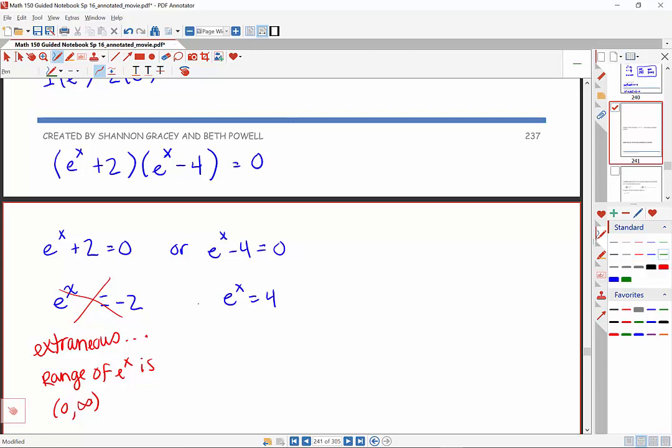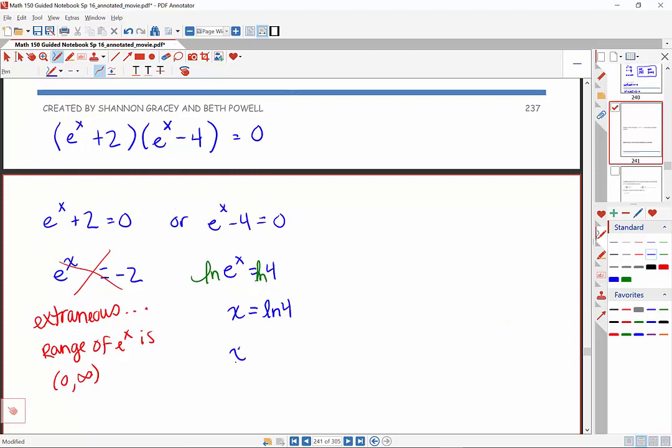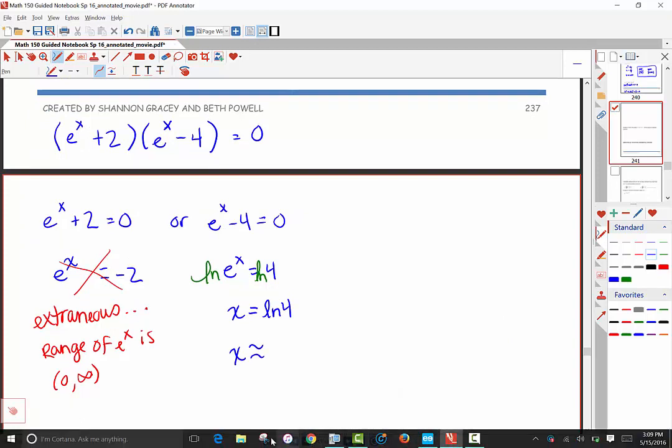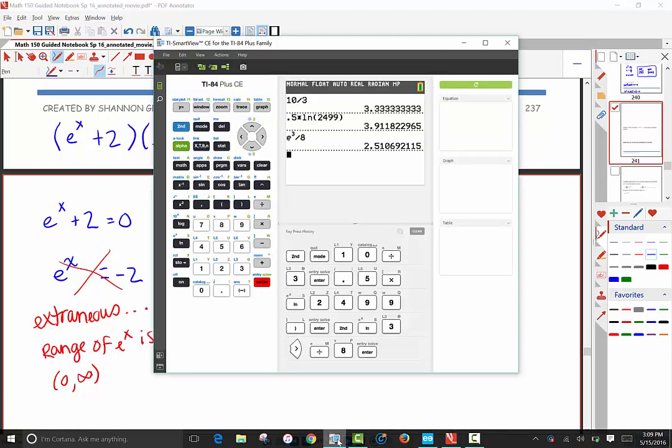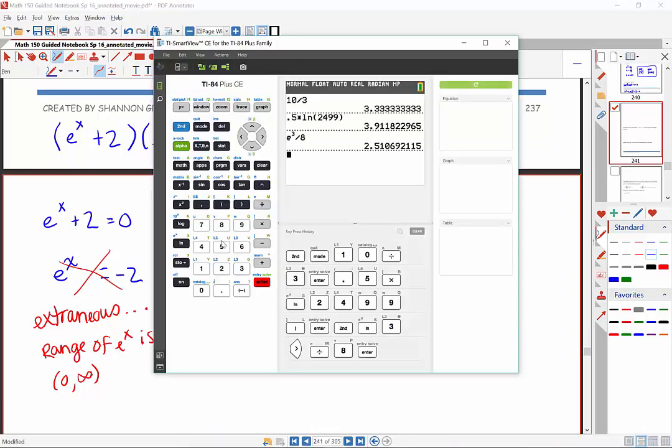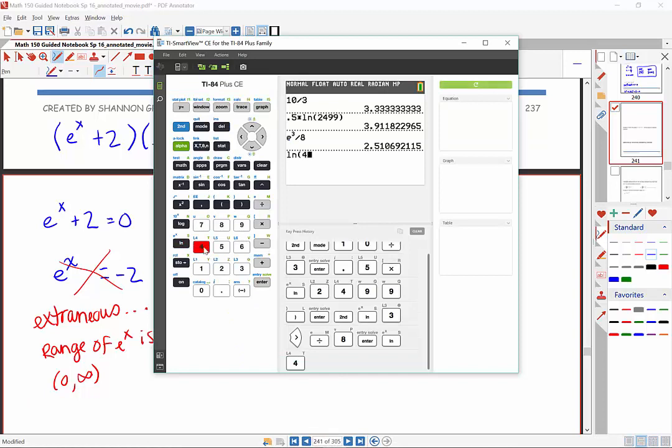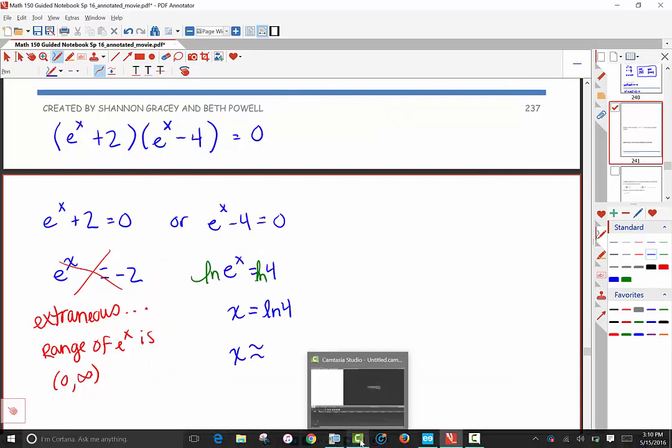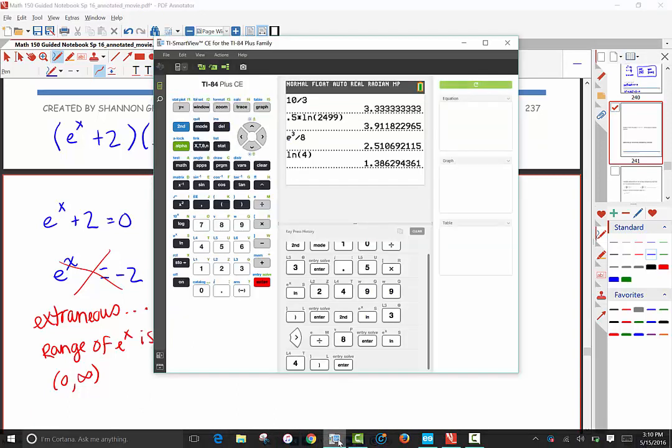Perfect. Natural log both sides. We end up getting x is equal to natural log of 4, so that's your exact. When we approximate, we would get 1.386.